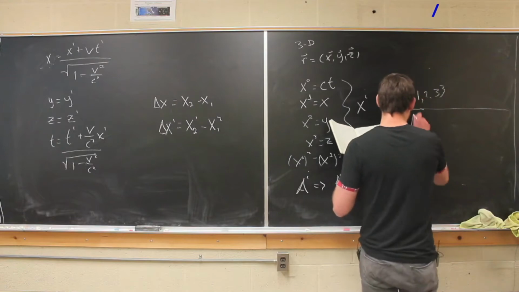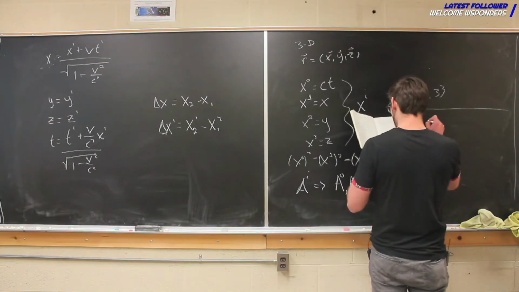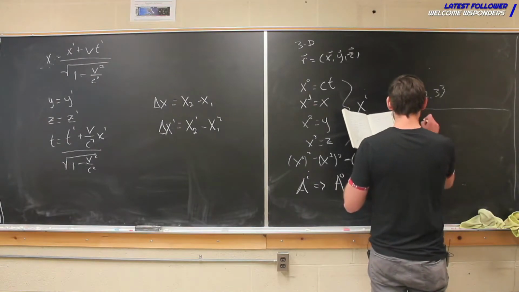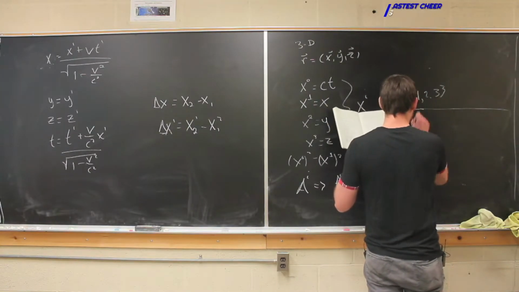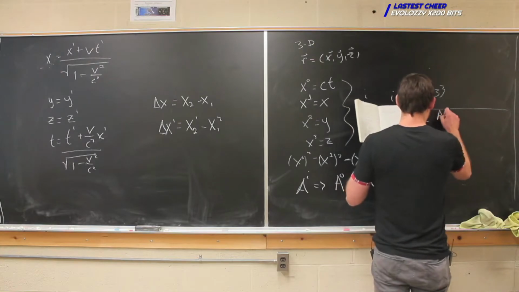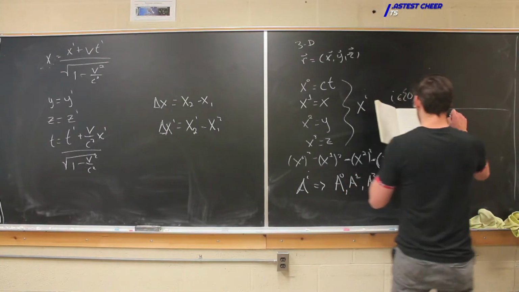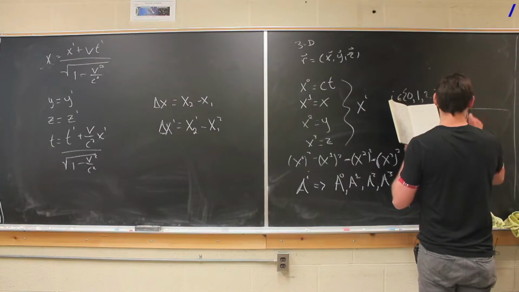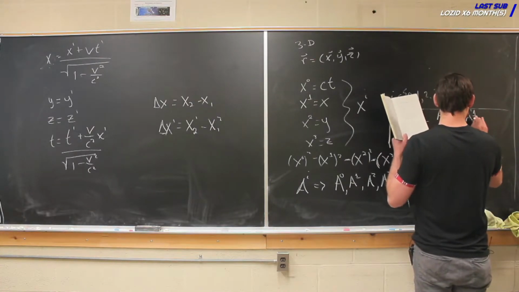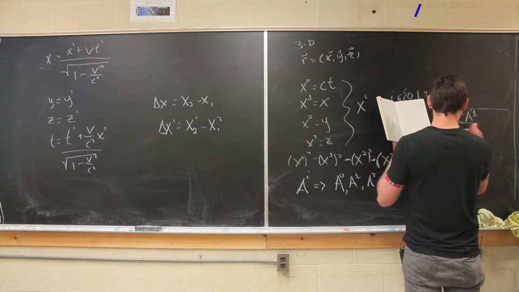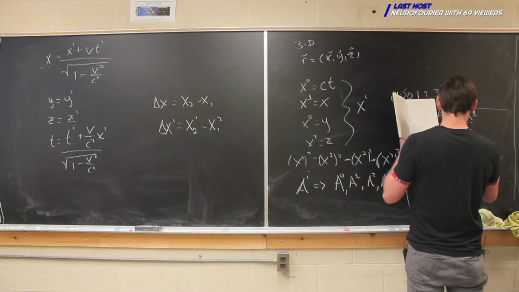Well, we can devise some specific Lorentz transformations that look like this. Let me write it a little neater. a0 equals a'0 plus v over c times a'1, divided by the square root of 1 minus v squared over c squared.